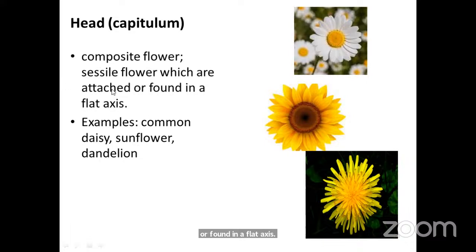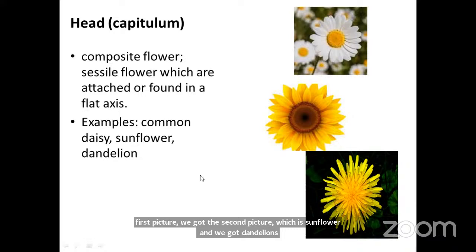Okay, I repeat, the sessile flowers are actually attached or found in a flat axis. Examples of flowers with head inflorescence would include common daisy, the first picture. We got the second picture, which is sunflower, and we got dandelions. So these flowers possess what we call capitulum or head inflorescence.